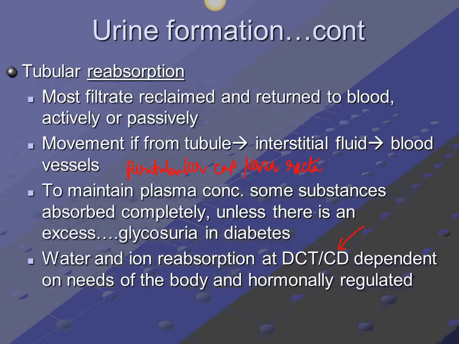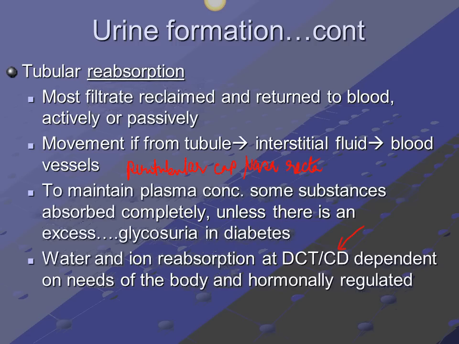Same with aldosterone. Remember, it causes sodium reabsorption and potassium secretion. Some amount of sodium will be reabsorbed, but by the time the filtrate reaches the distal convoluted tubule and collecting duct, the body has reabsorbed what it wants, then it will look at the filtrate there.